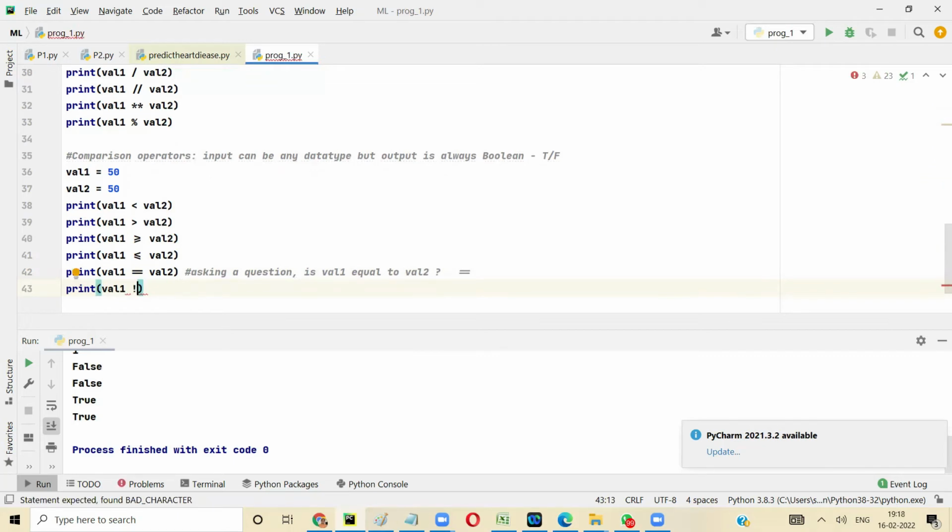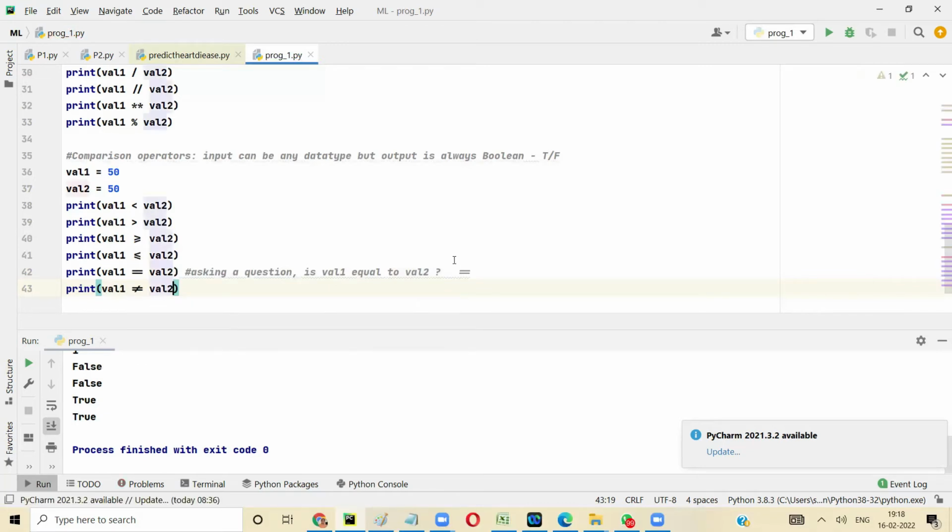Exclamation equal to is not equal to. PyCharm is converting it into this, so this is not the actual sign. You won't find this sign on your keyboard. It is actually an exclamation mark and equal to, which has been converted into not equal to like this. So this is called not equal to, val2.